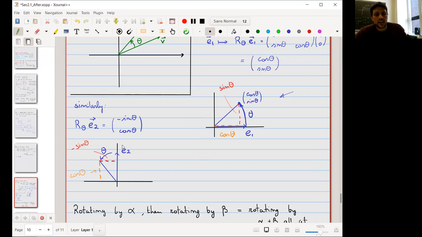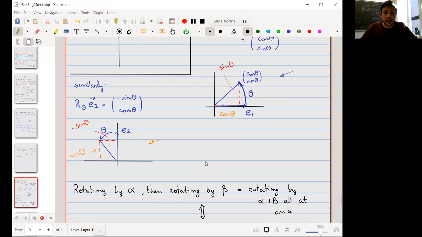Think about this second picture as a 90-degree rotation of the first picture we got. When you rotate by 90 degrees, your former y-coordinate becomes minus the x-coordinate, and the former x-coordinate becomes your y-coordinate.